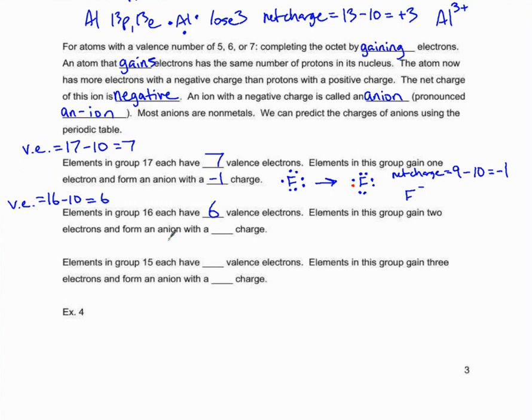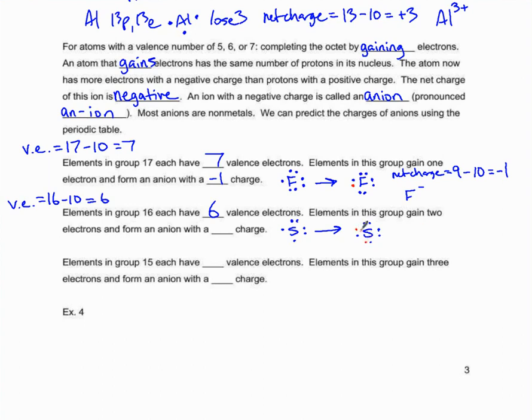So let's look at one. Let's look at, how about sulfur? So 1, 2, 3, 4, 5, 6. It wants to get to 8. It's going to gain 2 electrons. Here's 1. Here's 1. Keep this little one consistent. All right, so here's 1 and here's 1.